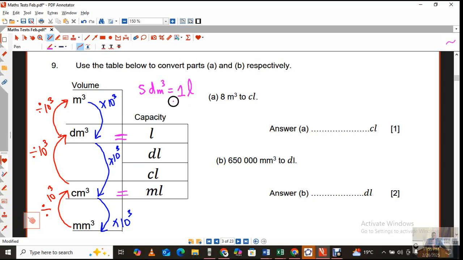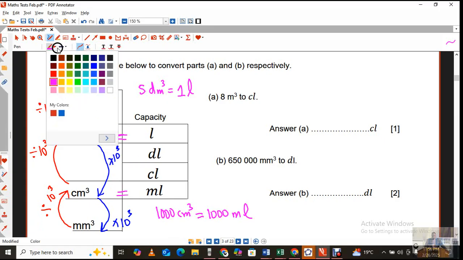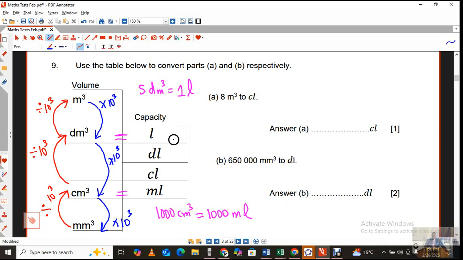That's what you need to understand there. Or if I'm here and I have 1,000 cubic centimeters as volume, it is exactly the same as 1,000 milliliters. That's what that means. That's why I had them drawn like that. Now, if you move in the capacity part, so you go from liters to deciliters, you multiply by 10.